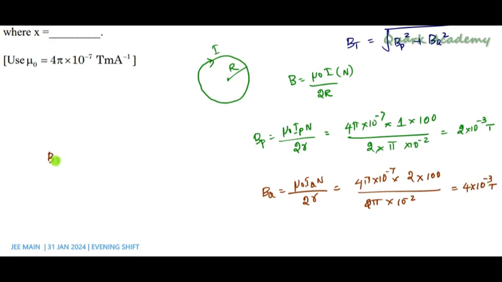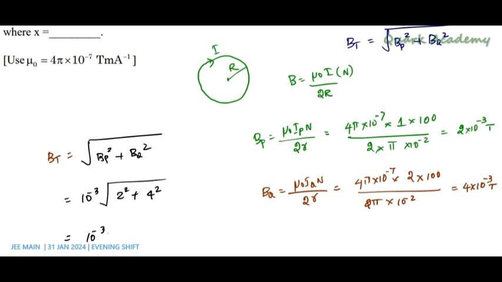So we want the total one, which is the square root of BP squared plus BQ squared. This 10 power negative 3 is common for both, so it can be taken out. Then you will get 2 squared plus 4 squared.